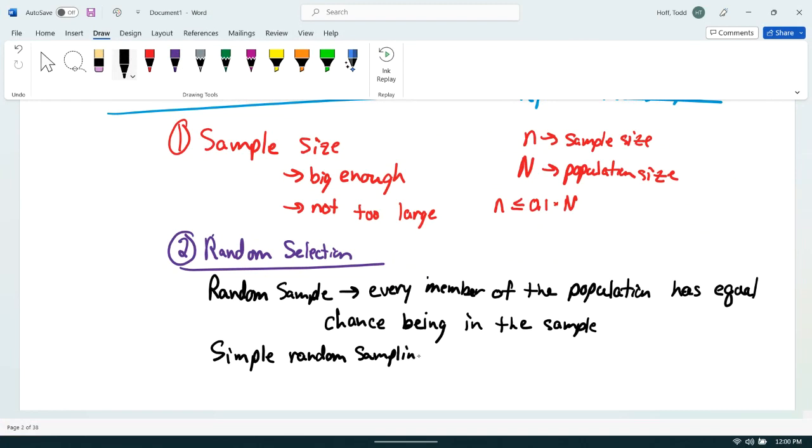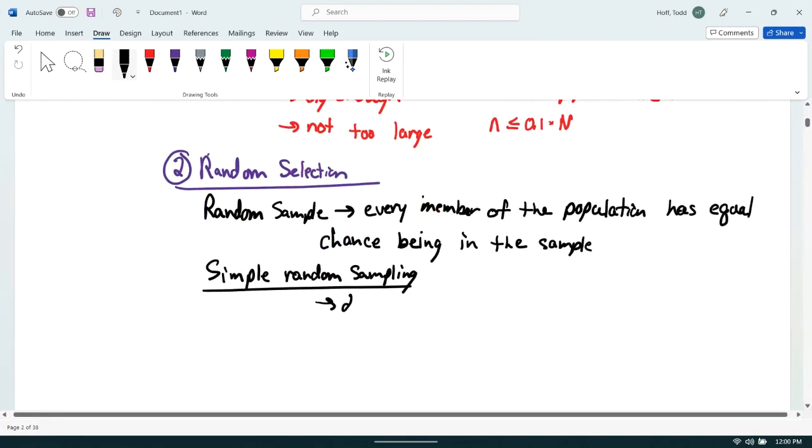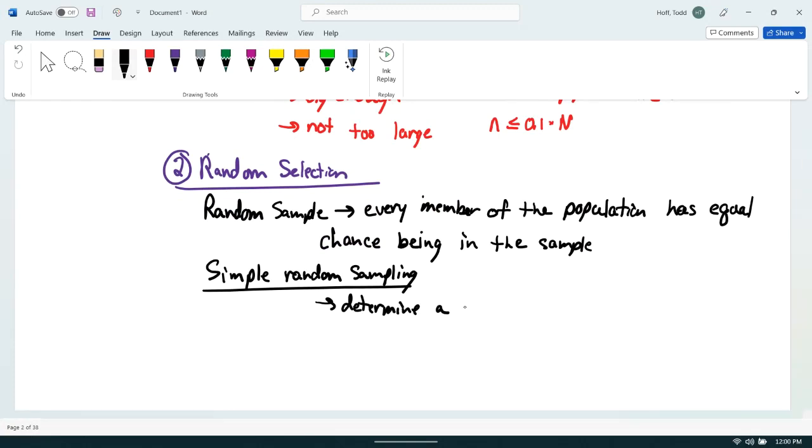And what simple random sampling is, once we have determined a sample size, remember that sample size is just that small letter n, once we've determined that, all possible samples of size n have equal chance.